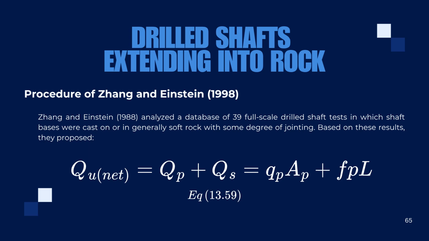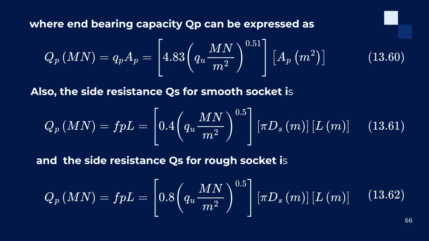Based on these results, they proposed QU net is equals to QP plus QS is equals to QP times EP plus FP times L, where end bearing capacity QP can be expressed as QP is equals to [4.83 (QU times M times N over M squared) to the power of 0.51] times [EP times M squared].